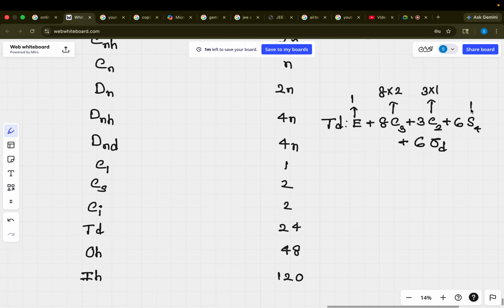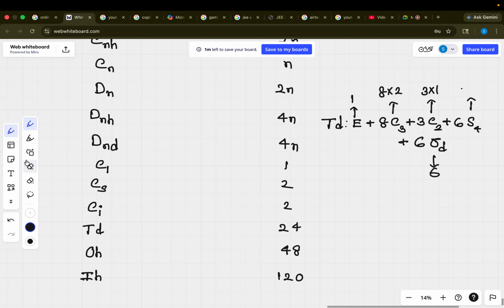For S4 I have 6 S4, and for sigma d it will be 6. So 8 into 2 is 16, plus 3 is 19, plus 6 is 25, plus 6, and the order is 24 for tetrahedral.